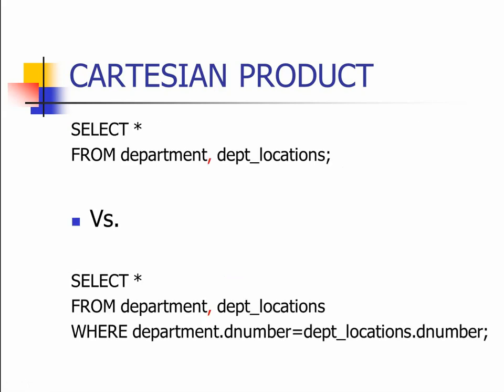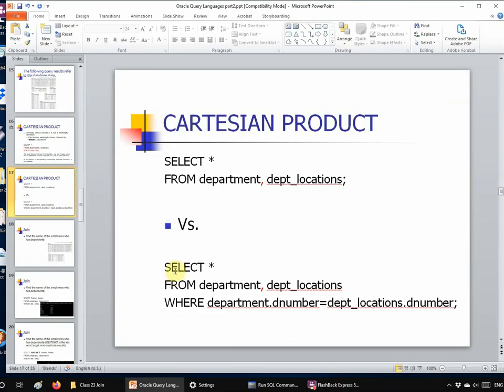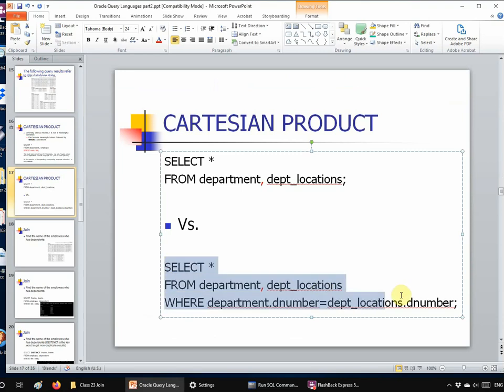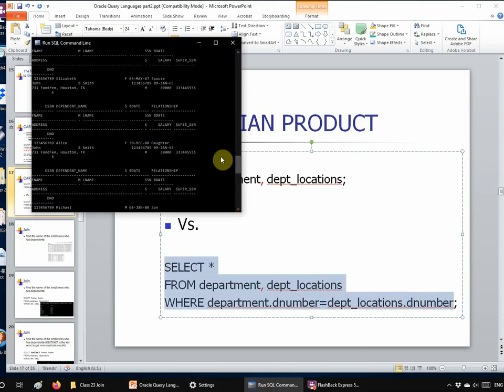And like I said, for department and department locations, because they both use D number, you need to provide a little bit more detail to make sure that Oracle understands it. And therefore, if we execute the code over here, we will be able to find the information that we are interested in.